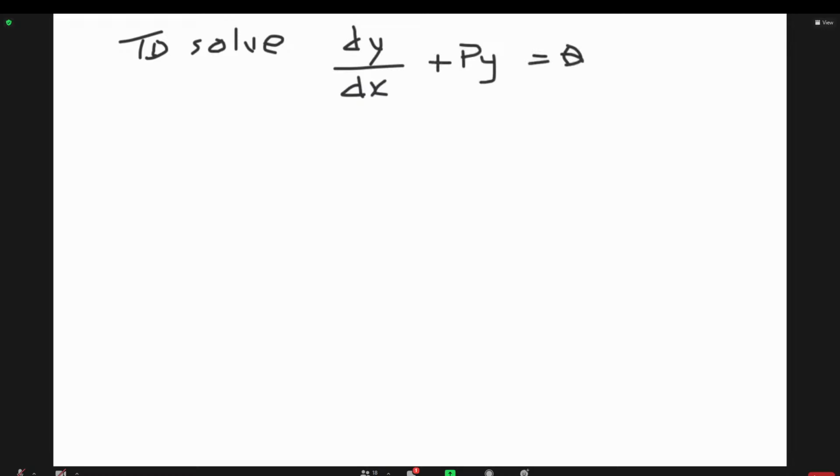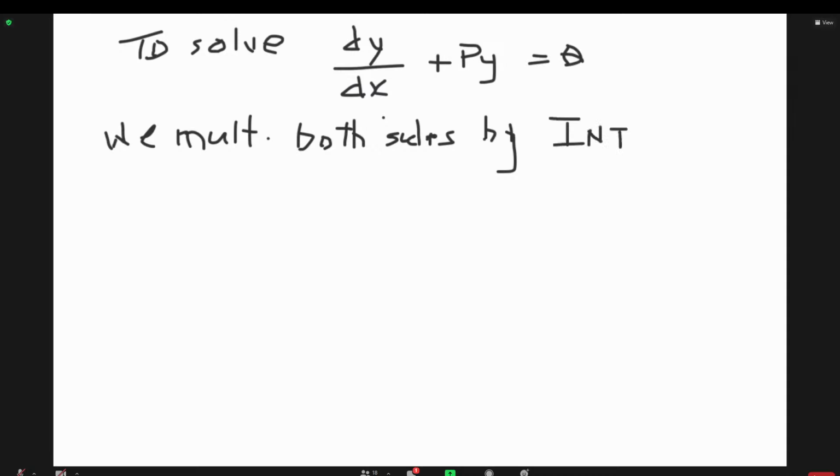All right. So technically, to solve dy dx plus py equals q, we multiply both sides by what is called an integrating factor, e to the integral of p dx.